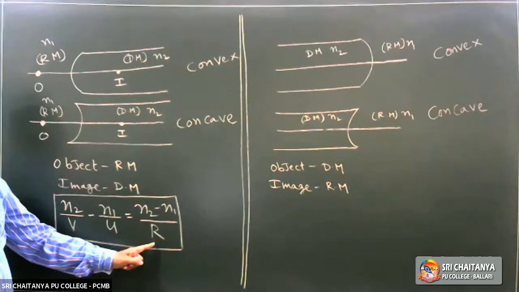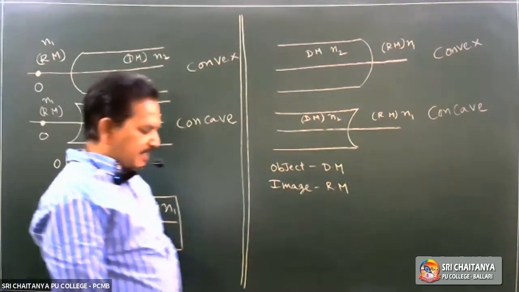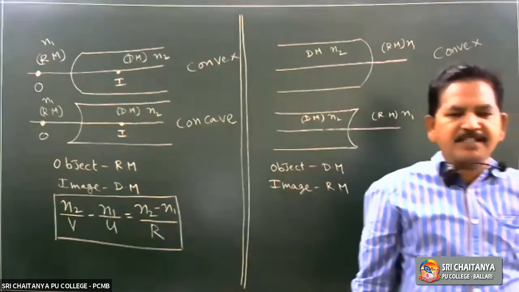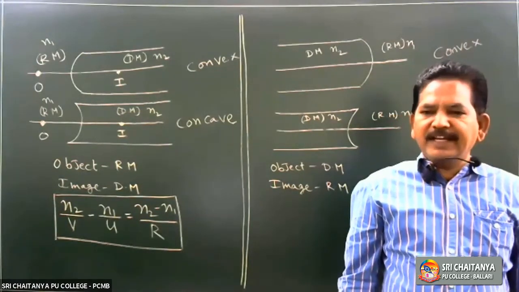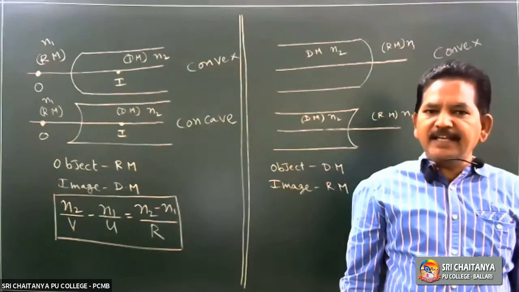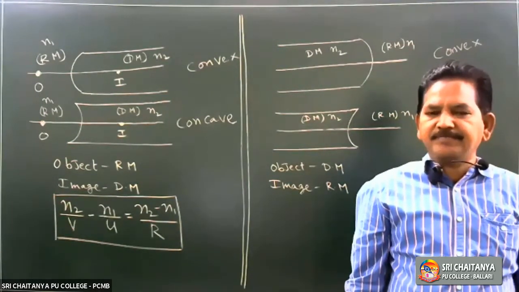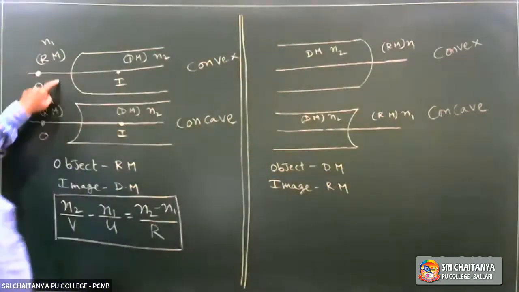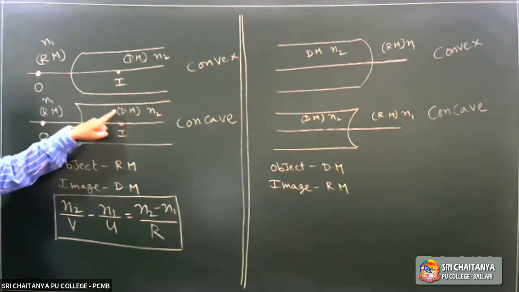How to write the general formula? Yesterday I told you the region in which the object is present is called object space, and the region in which the image is present is called image space. What is the object space in these two cases? Rarer medium. What is the image space? Denser medium.